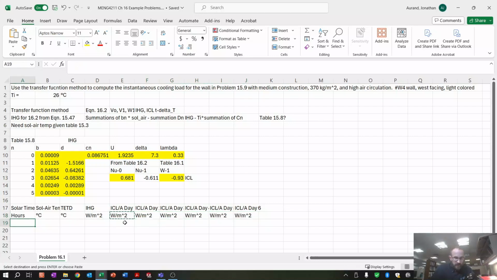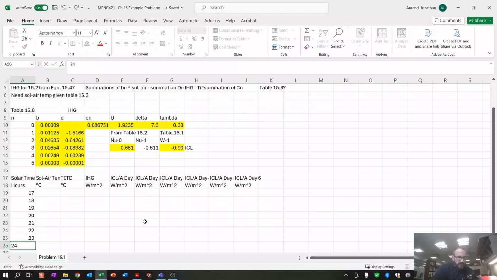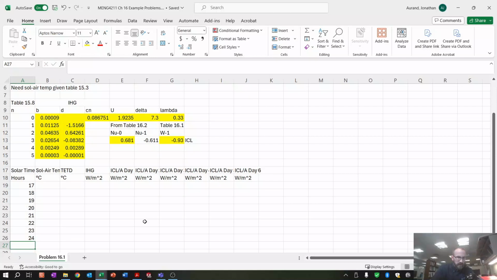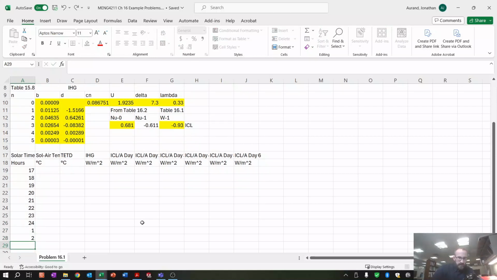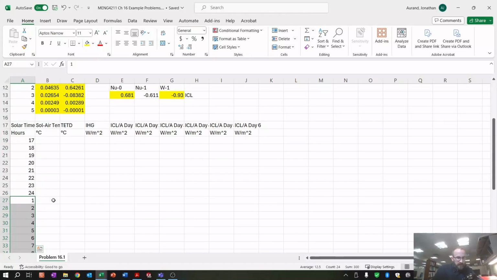Alright, so I've got my units in there, and again we need kind of the trailing values. So I'm going to start at 17, like 5 o'clock the day before. I might not need that much time, but I'm going to go from there. 21, 22, 23, 24. I'll call this 24, and then I'll do 1, 2. Scroll that down to 24. Alright, fantastic. And I'll just grab those last values when we come back through.